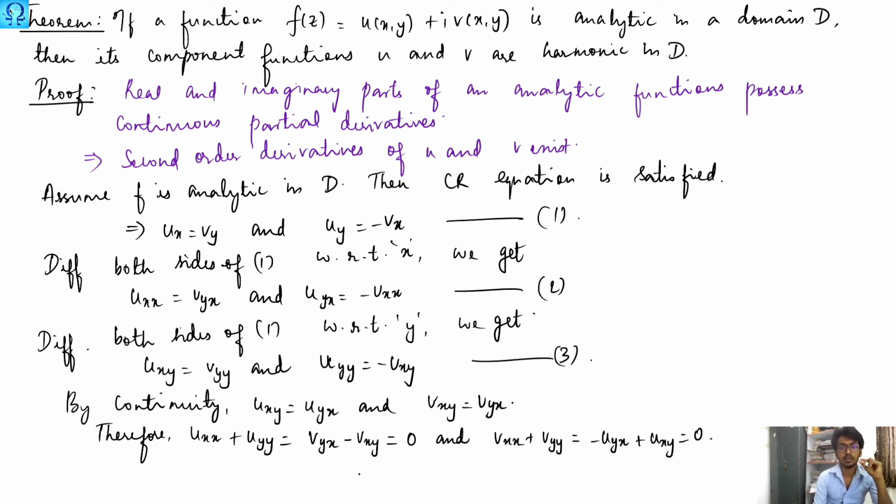Again using the continuity, this is 0. Hence, u and v are harmonic in the given domain D, and this completes the proof.